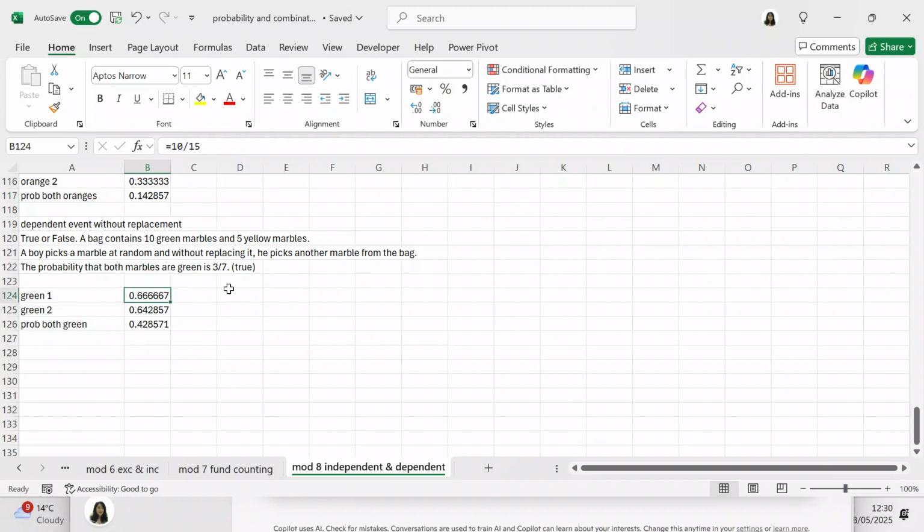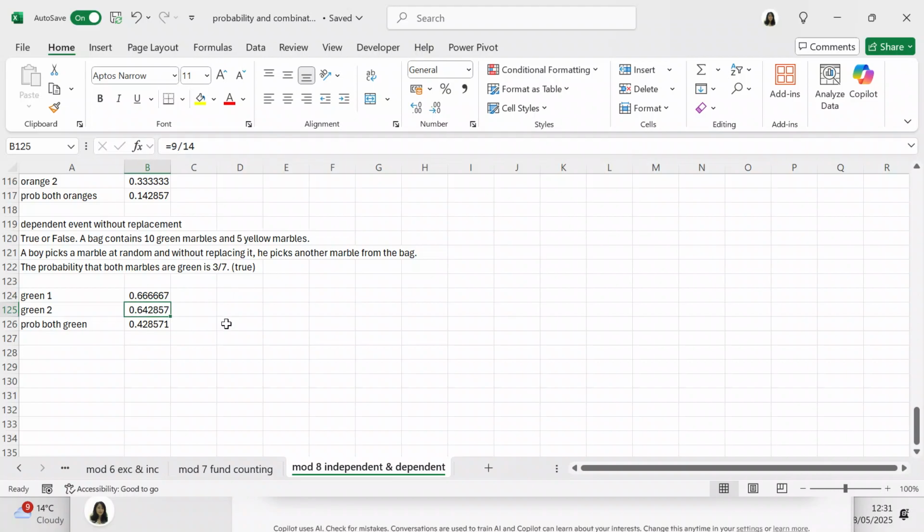So the green one is 10 divided by 15, because you have 10 green marbles and a total of 15 marbles. So that's 66.67%. And then for the second green marble, you've got 10 minus 1 because the marble wasn't replaced, so that's 9. And 15 minus 1 is 14.